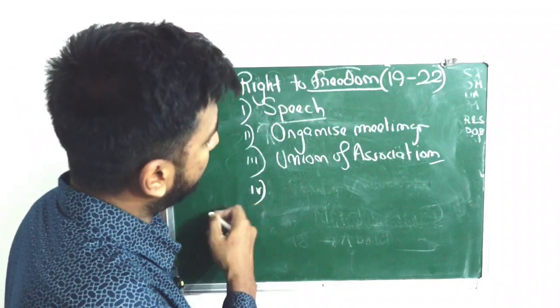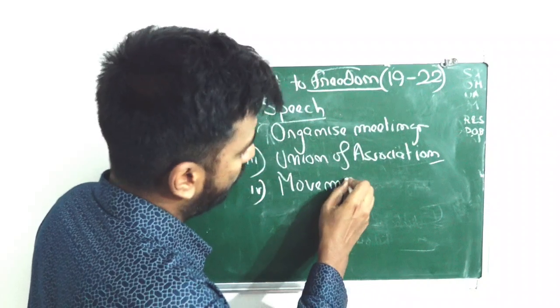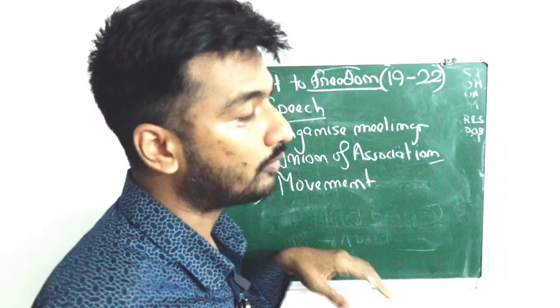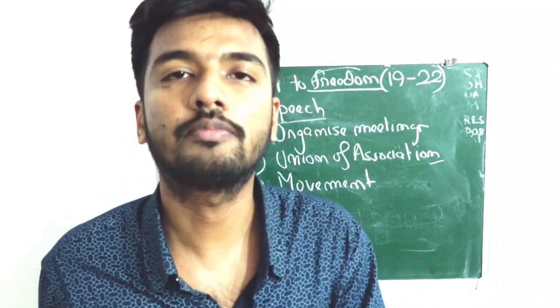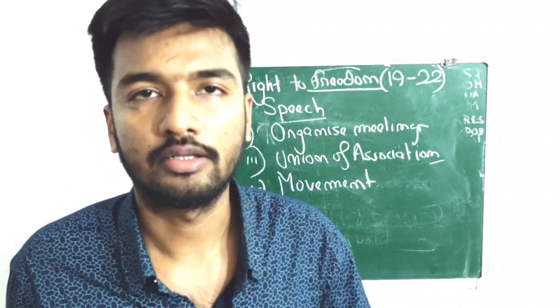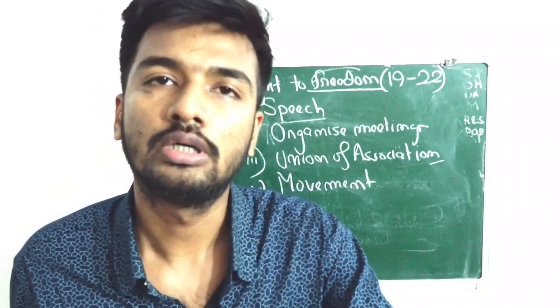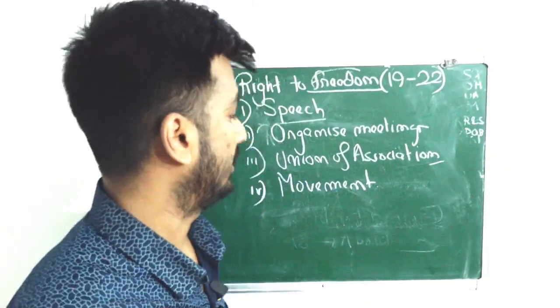Number 4 freedom is movement. Right to movement. If you're residing within Assam, you can move freely, without taking permission, to Kolkata, to Kerala, to Gujarat. That is right to movement.